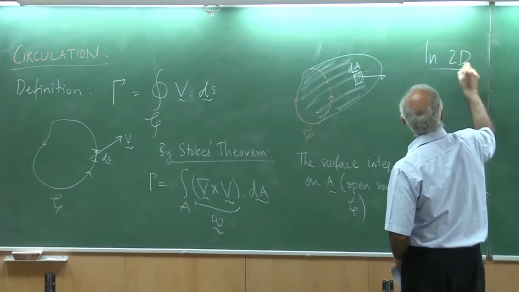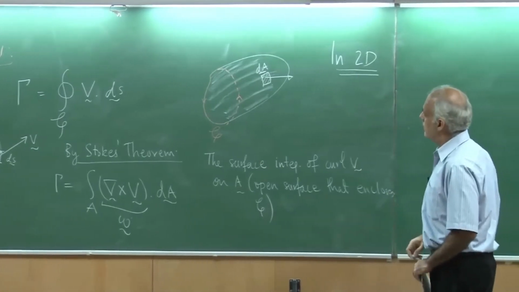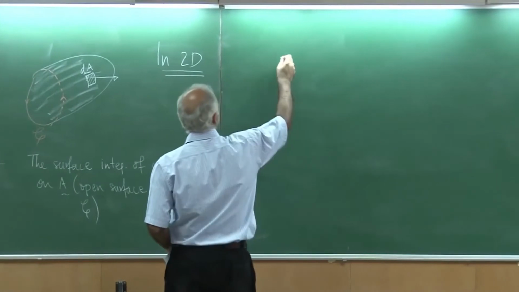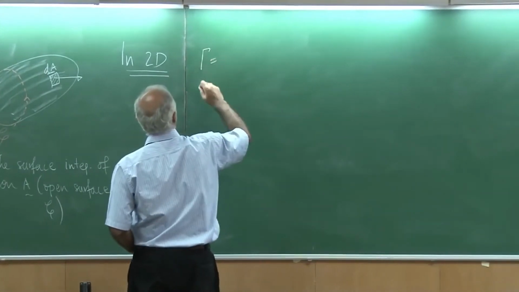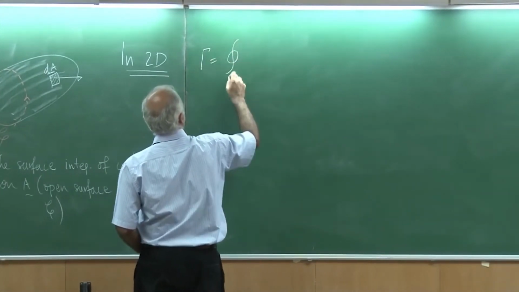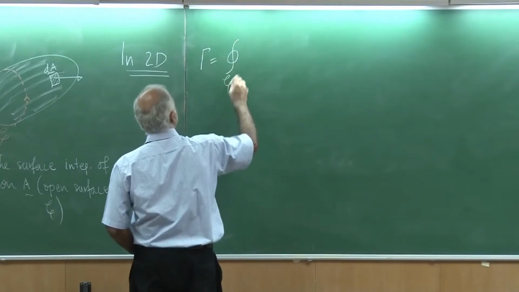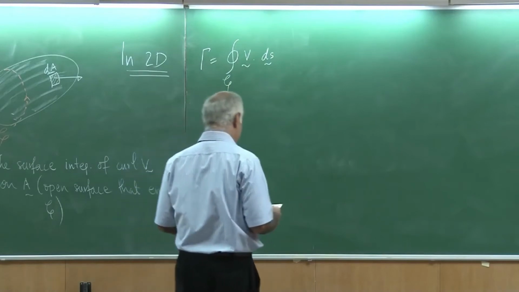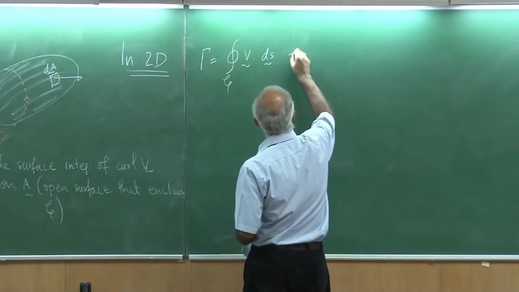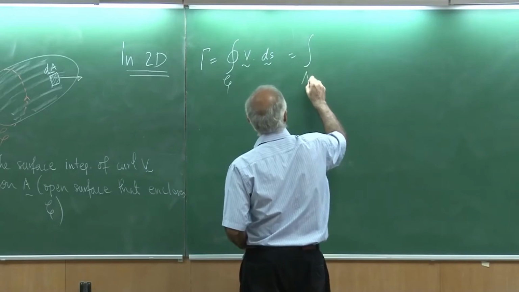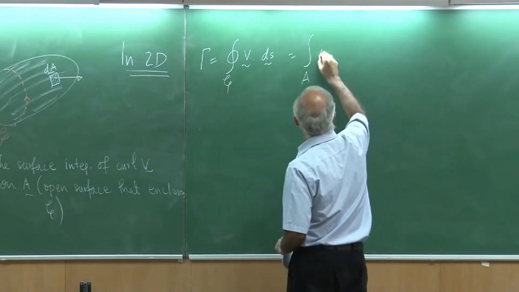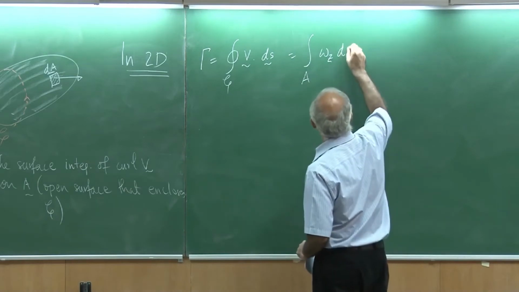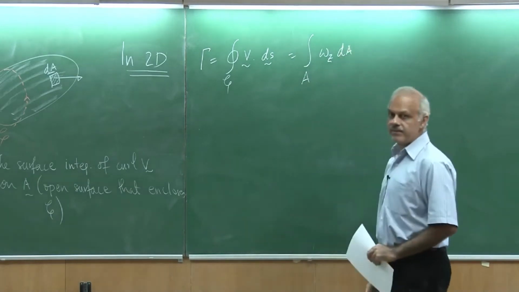If I take a very special case, then I could do the following. Gamma is the integral over the curve C of v dot ds, and this is actually equal to the integral over the area A of omega z times dA.